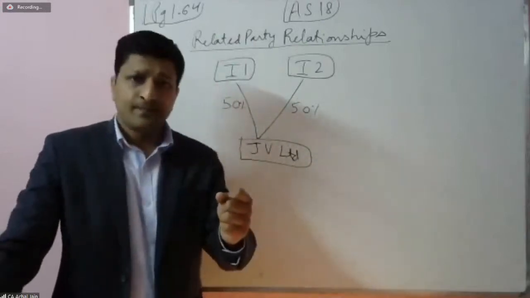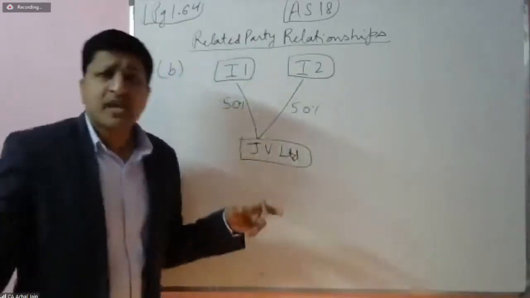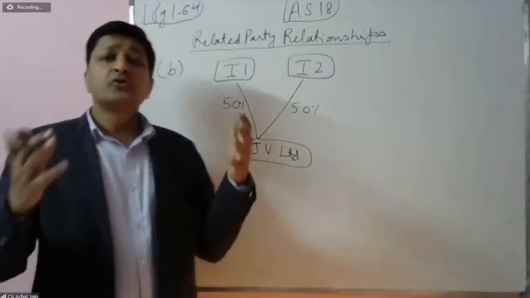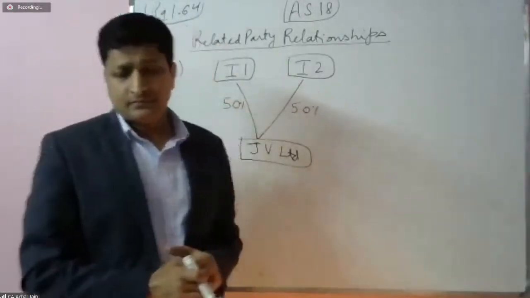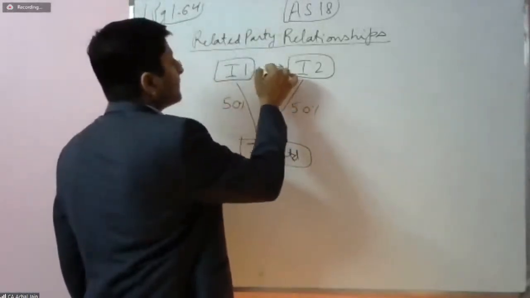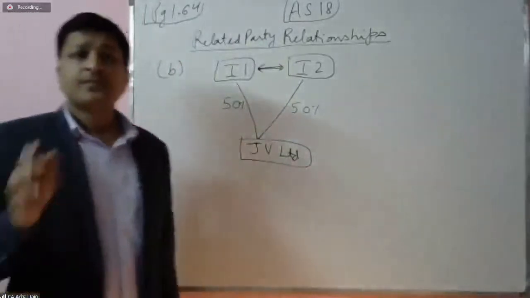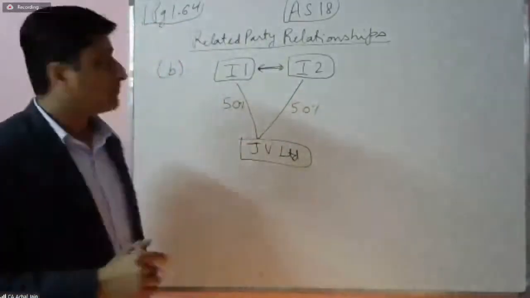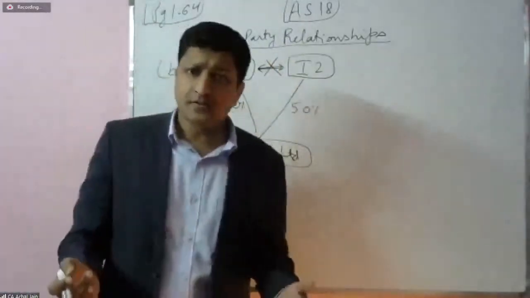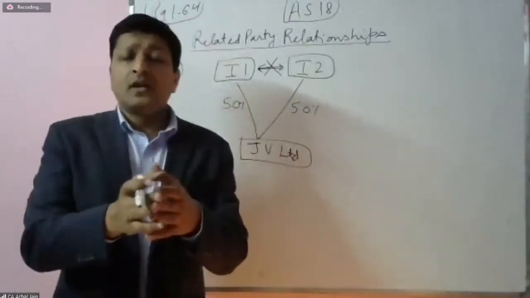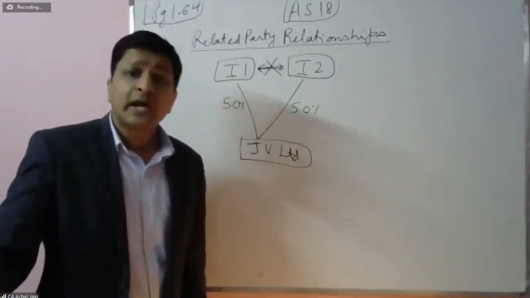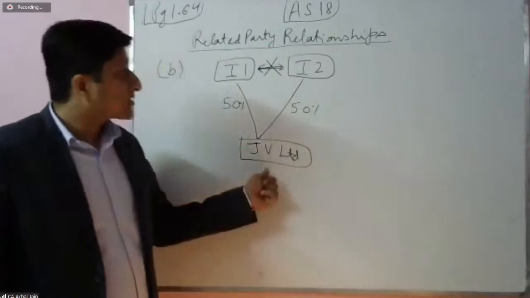In this case, both the investors have got control over JV Limited, or you can say they have got joint control over JV Limited. If you look at these two investors, they are not related to each other. They may be unrelated parties who have come together to form a joint venture, which is this company.